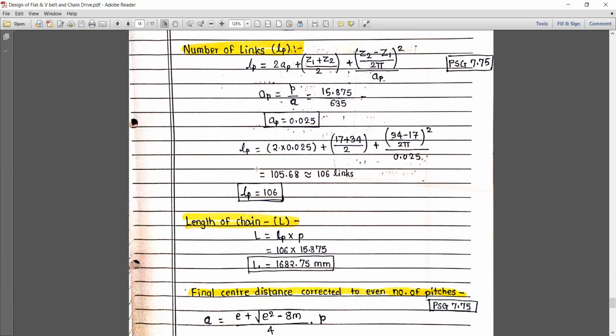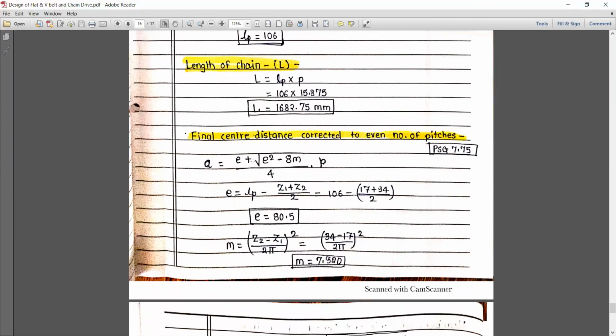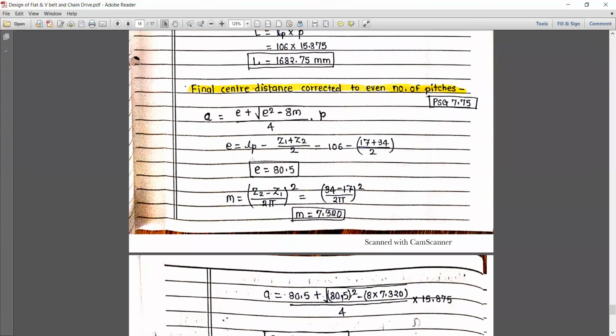So the total number of links used is 106. Now the exact length of the chain, L is equal to Lp into pitch. So the length is equal to 1682.75 mm.